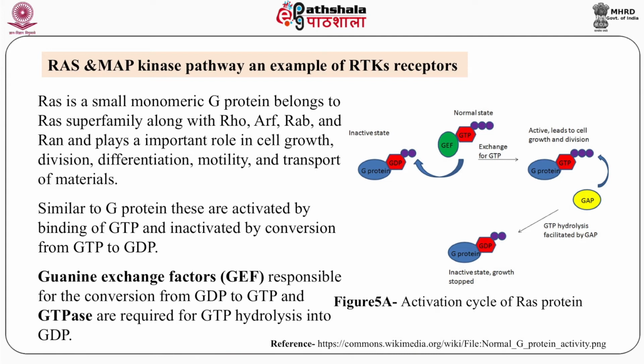Similar to G proteins, these are activated by binding of GTP and inactivated by conversion from GTP to GDP. Guanine exchange factor, that's GEF, is responsible for the conversion from GDP to GTP, and GTPase-activating proteins are required for GTP hydrolysis into GDP.